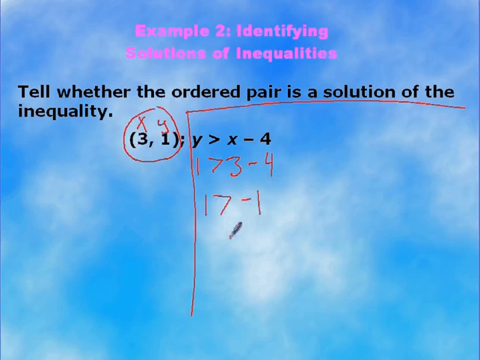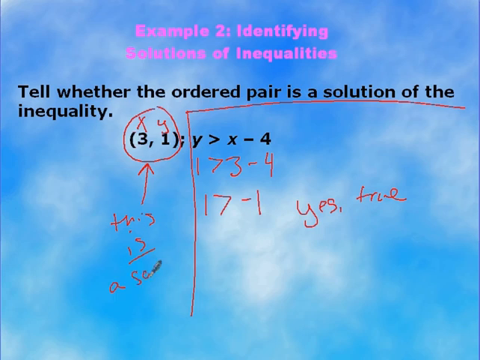That's -1. Is 1 bigger than -1? Yes. That's true. So that would mean that this point, when we plug it in, makes our inequality true. So this is a solution. Cool.